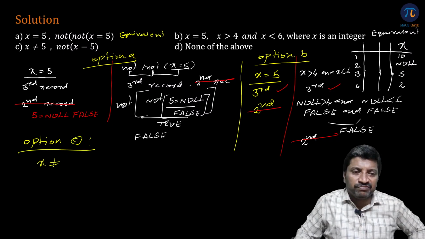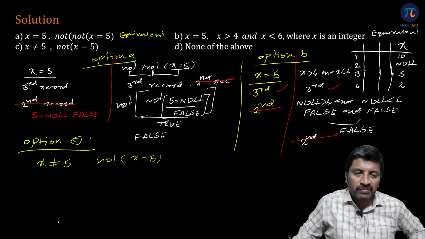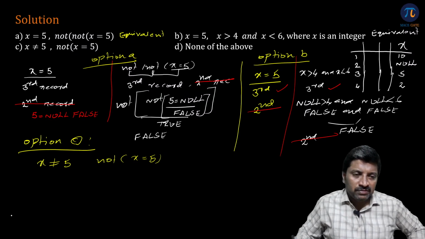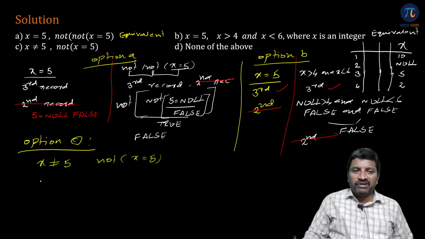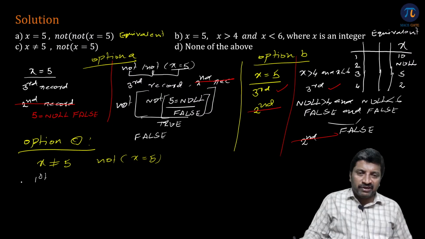X not equal to 5. Not of x equal to 5. Sir, this is x not equal to 5, right? X not equal to 5 means, for the first record, x not equal to 5. For second record, null not equal to 5, sir. It is always false, whatever the condition may be.